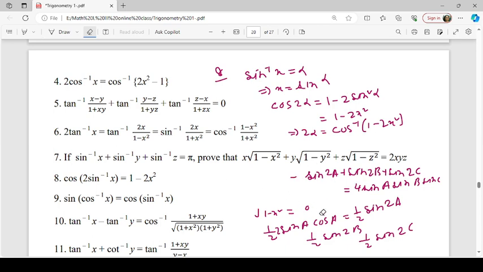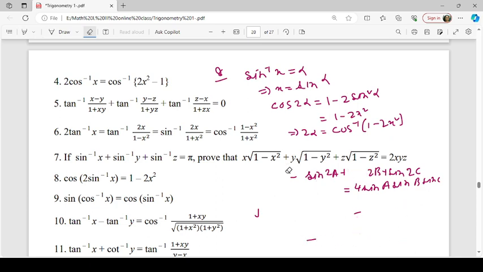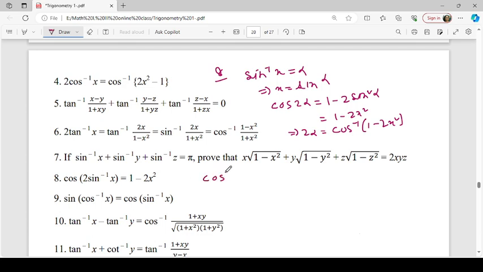Cos sin of alpha. So cos inverse x is equal to alpha.